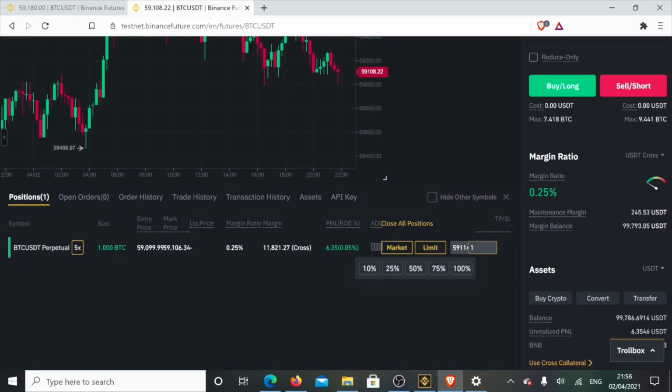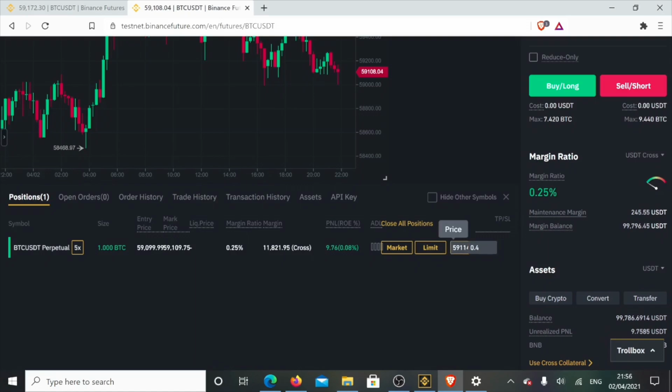Here you can decide how much of this Bitcoin you want to sell. You can take 100%, which should be 1. You can put 75%, 50%, 25%, 10%, or you can even come in here and change it. Let's say you want to just sell 0.4, okay?